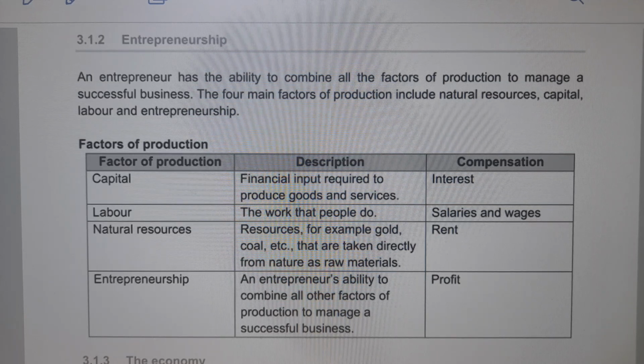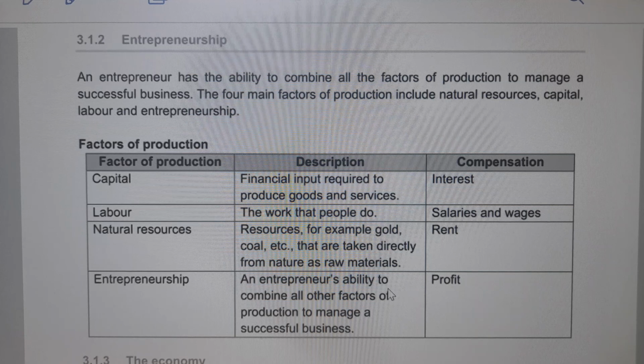We have also discussed entrepreneurship, and we started with the definition of an entrepreneur. An entrepreneur has the ability to combine all the factors of production to manage a successful business. The four main factors of production include natural resources, capital, labor, and entrepreneurship.